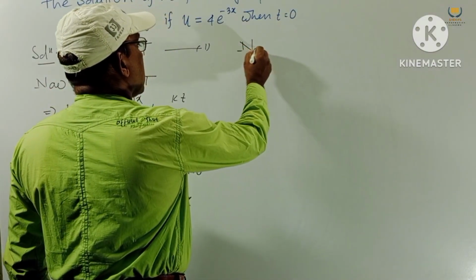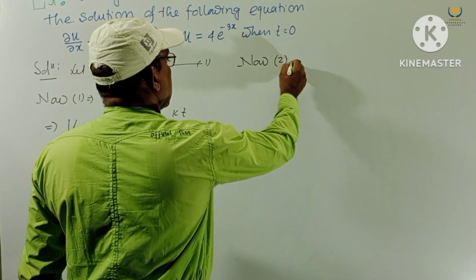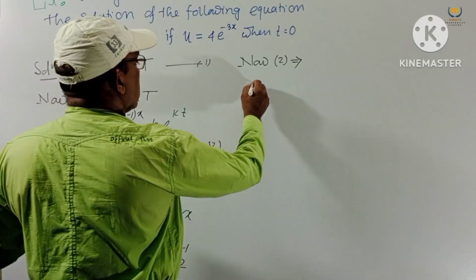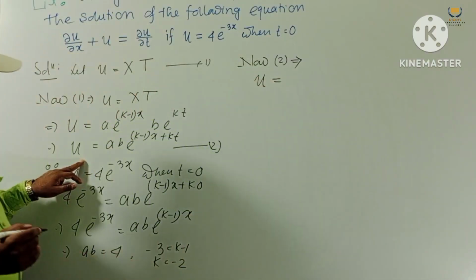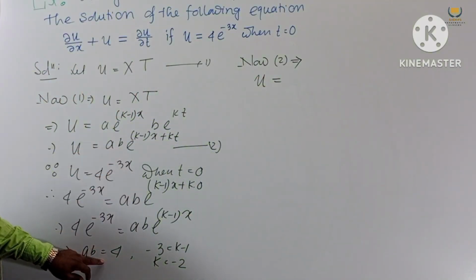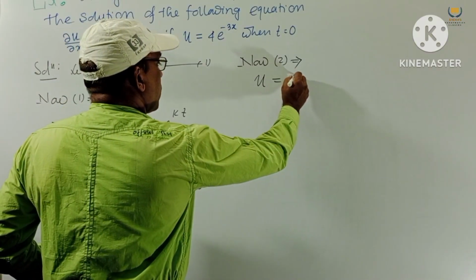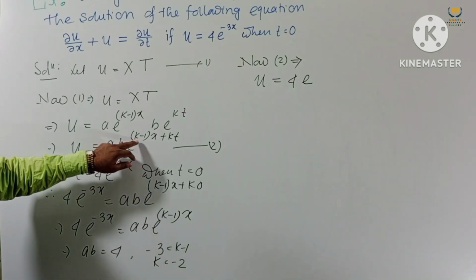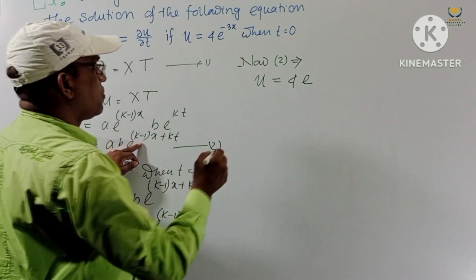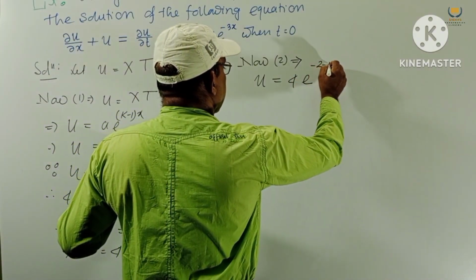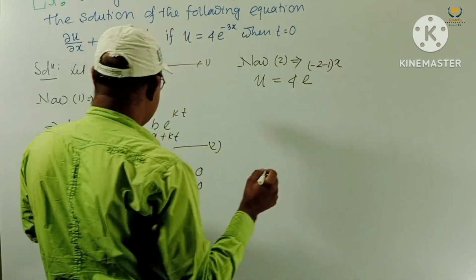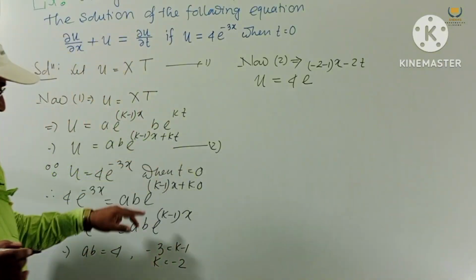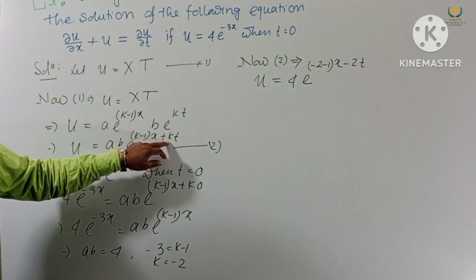Now 2 implies u = ab, means 4, e to the power (k - 1)x + kt, where k is -2, so here I put -2, here -2.